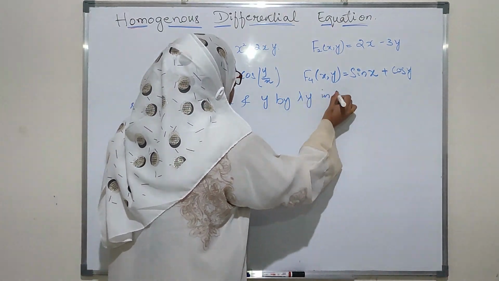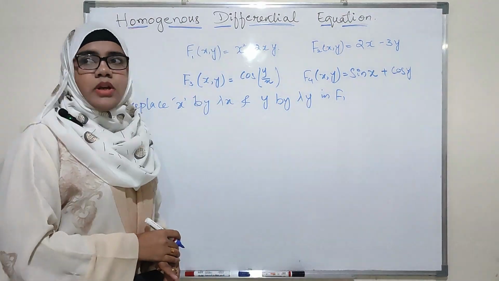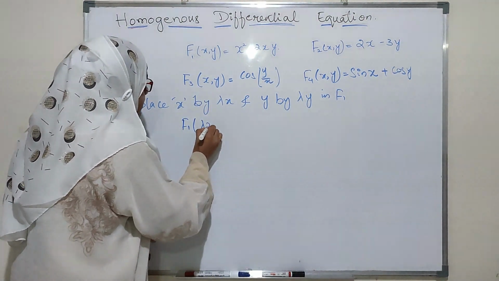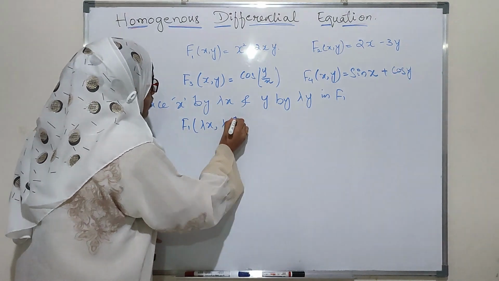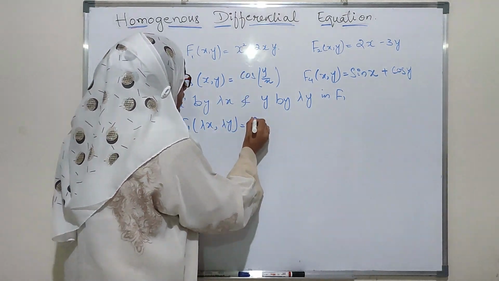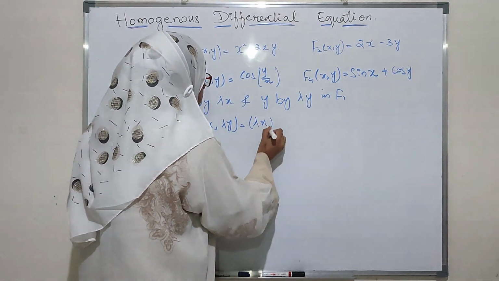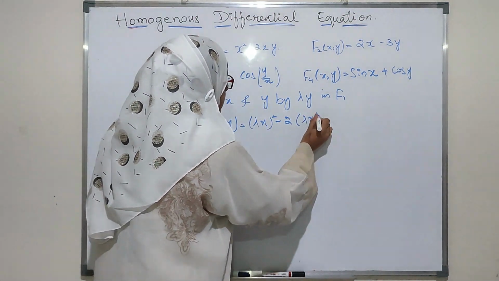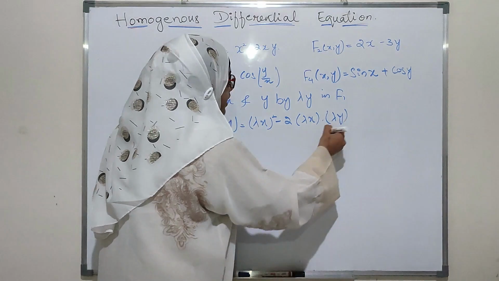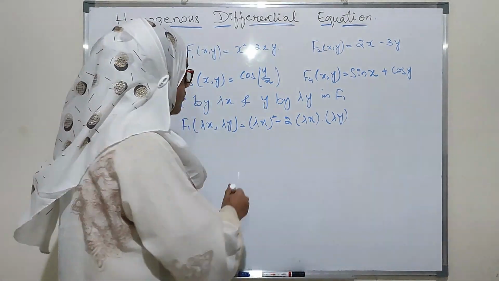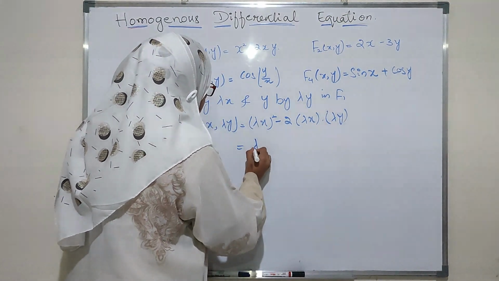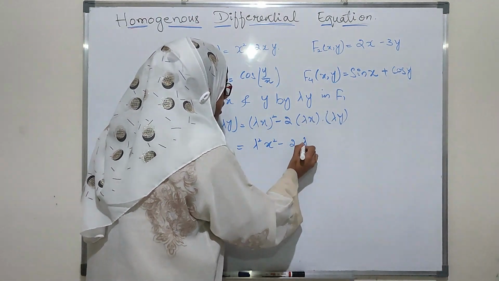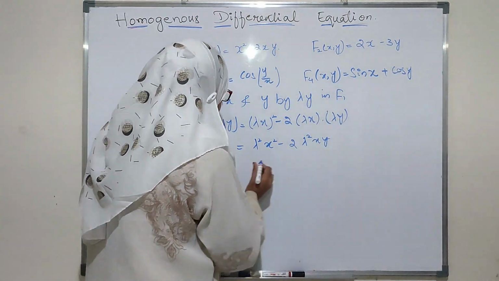Then check what happens. f1 of lambda x comma lambda y equals lambda x whole square minus 2 lambda x into lambda y, so lambda square x square minus 2 lambda square xy.